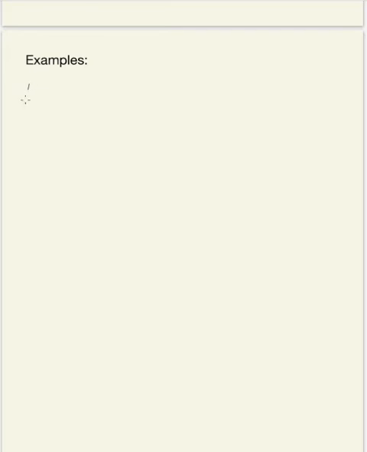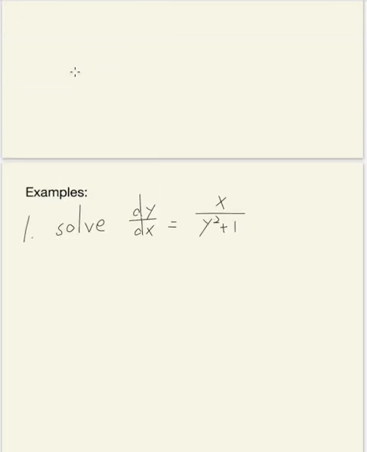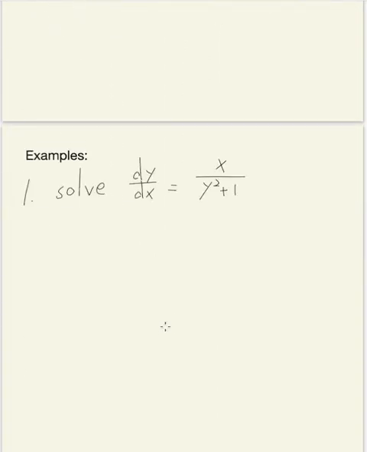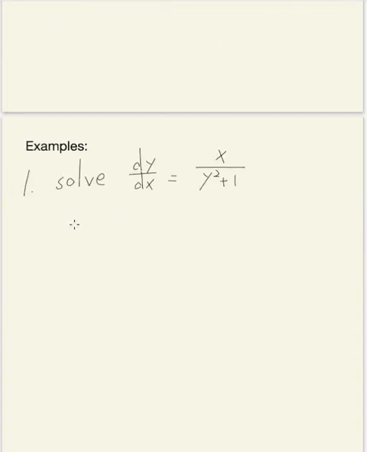First, let's solve dy/dx equals x over y squared plus 1. Okay, so in this case, if you want to apply that formula right here, then what you can write is f of x equals x, and our g of y.